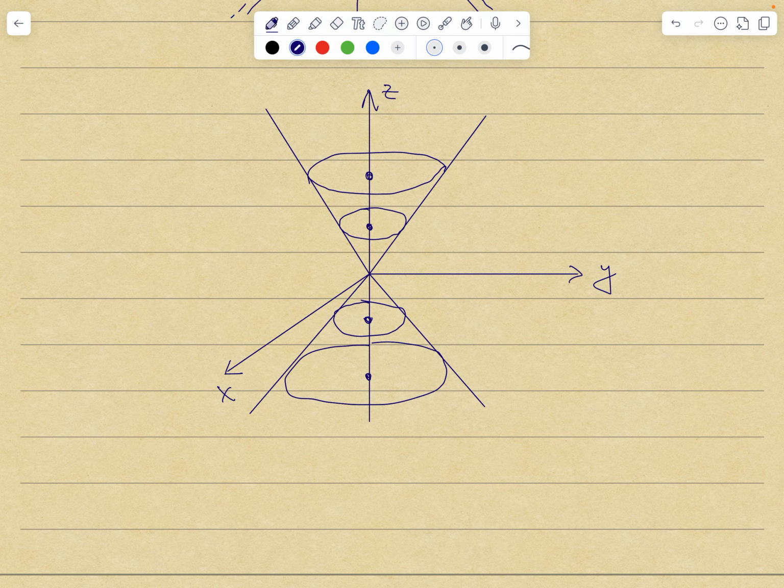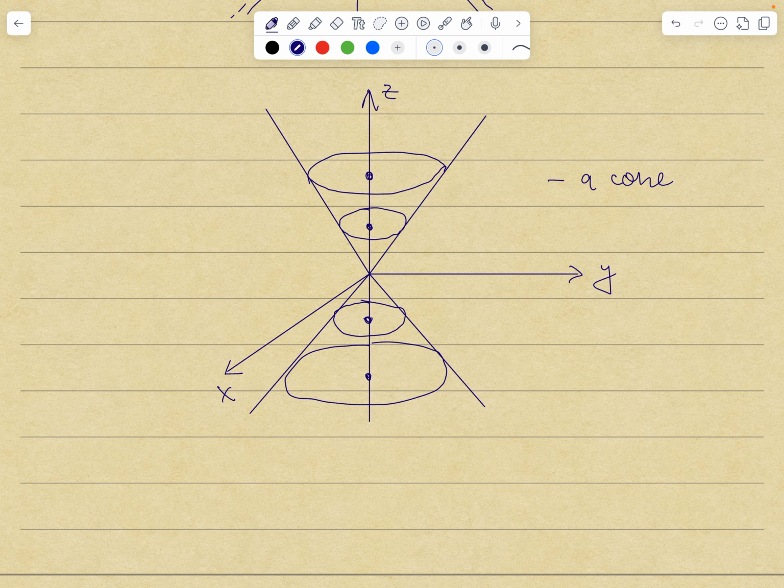Okay, and what shape is that? As I keep going up, circles grow in radius. If I go down below the xy plane, circles are also increasing in radius. This is a cone.